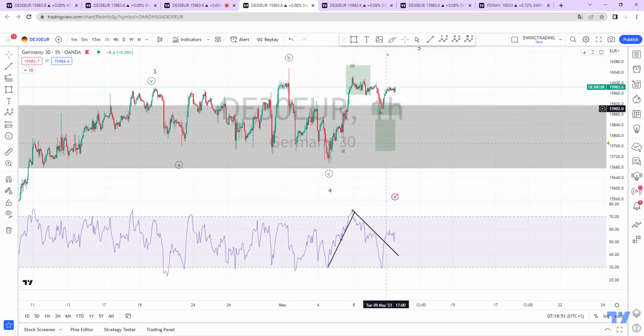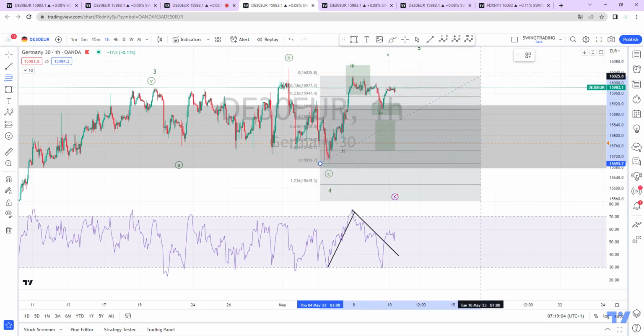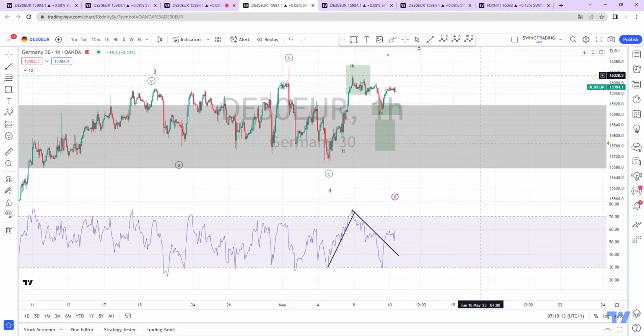So this was the equal leg area. There is also a major zone of resistance here, and I believe this is also the 0.382 Fib retracement. Yeah, exactly. Look, it reacted from here. Now the question is, what could happen in the next hours today?